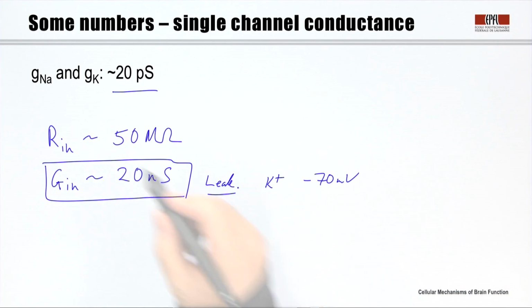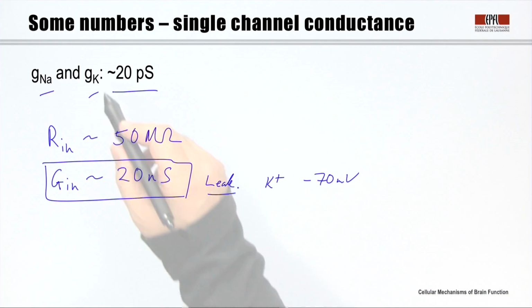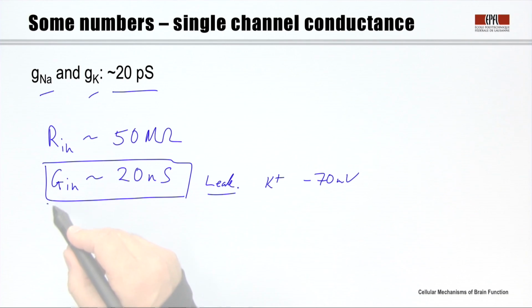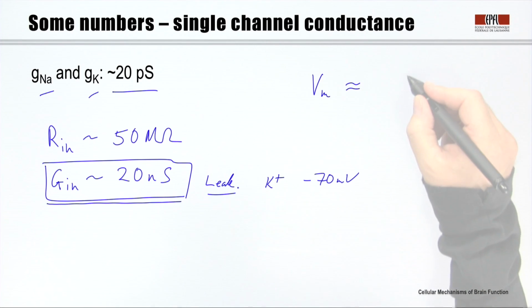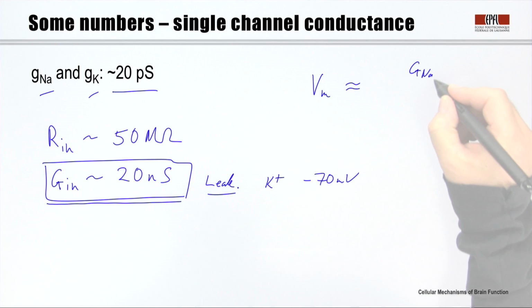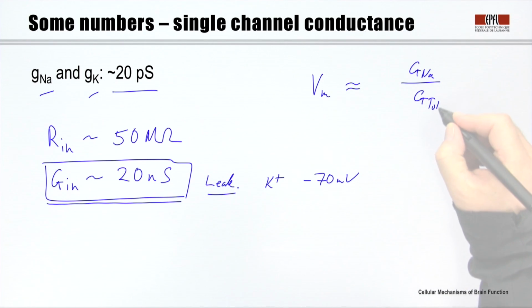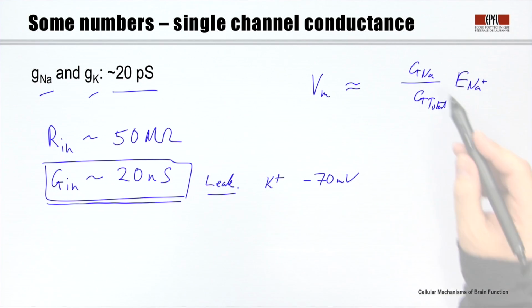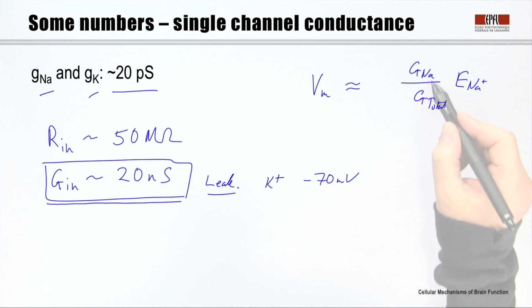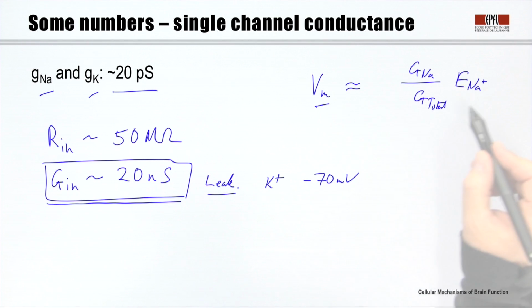In order for the voltage-gated sodium or potassium channels to have a major impact upon membrane potential, we need these conductances to get at least in the same ballpark as the leak conductances. Remember that the membrane potential goes something like the sodium conductance divided by the total conductance, times the reversal potential for sodium. So if the total conductance is dominated by sodium conductance, the membrane potential will tend towards the reversal potential for sodium.